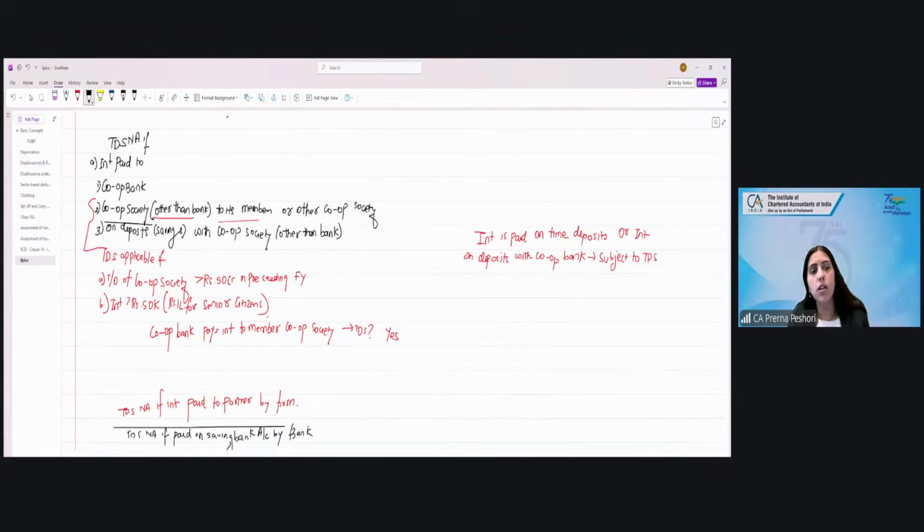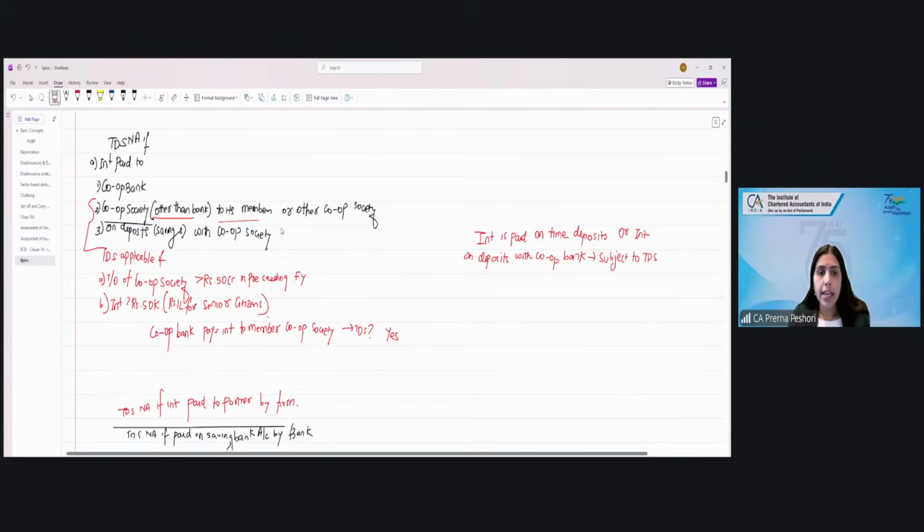So interest paid on the saving bank account deposits with a cooperative society, in that particular case also, the TDS is not attracted. Yes or no? This should be not other than bank.